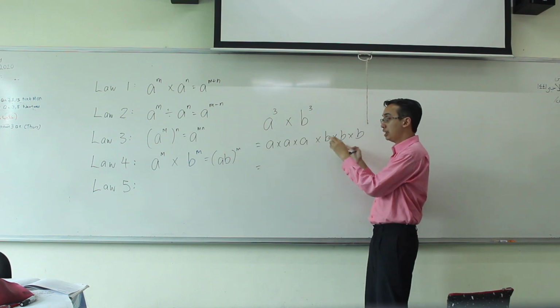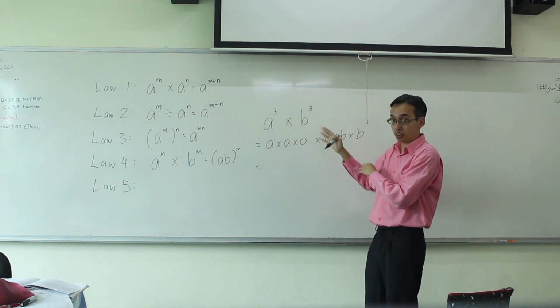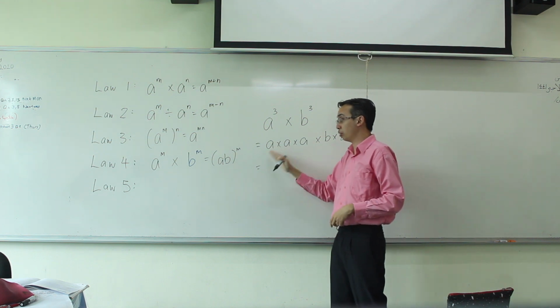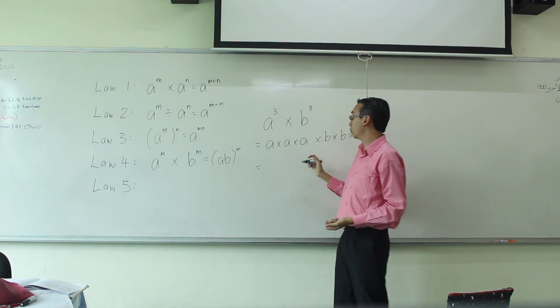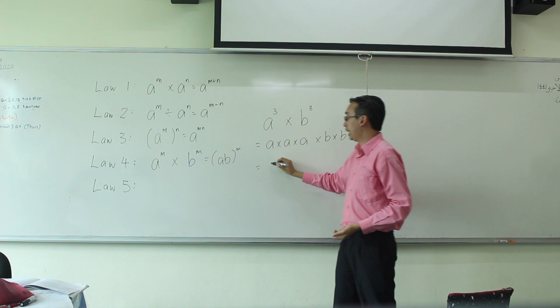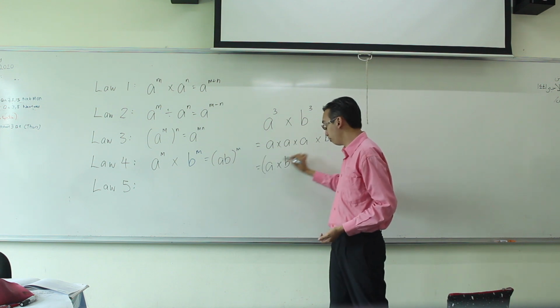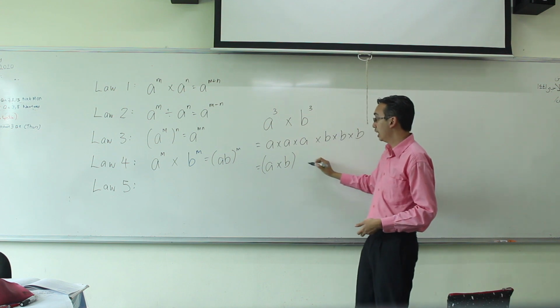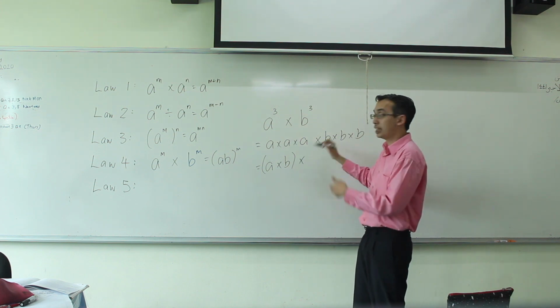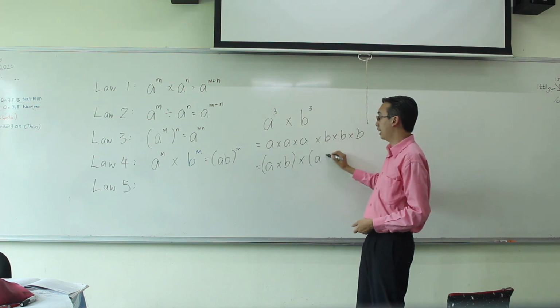In multiplication, we can multiply in any order. We don't have to follow strictly from left to right. So I can group A times B, bracket it first, and then multiply again with another group of A times B.